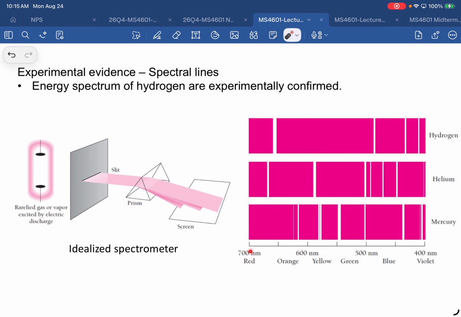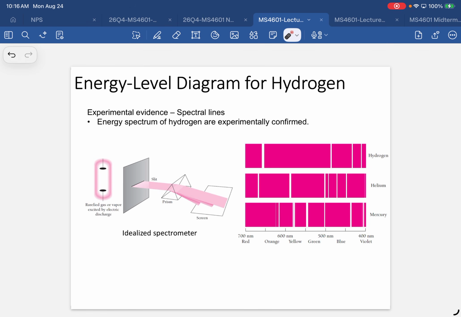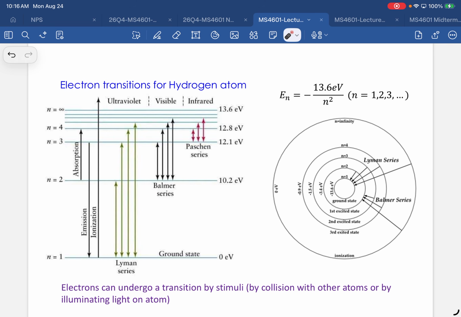For example, here this is 700 nanometer, 400 nanometer. The peaks are very unique in the sense that they depend on the material element, and the peaks themselves are very discrete. That is consistent with the Schrödinger equation result, and it can be understood by electron transitions.